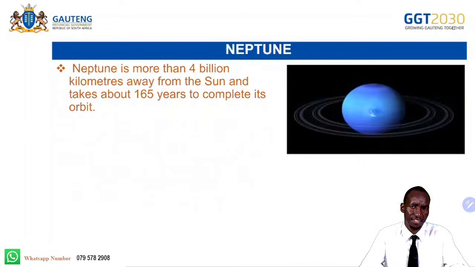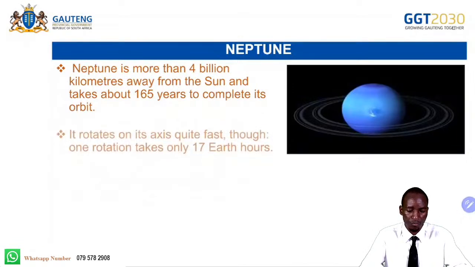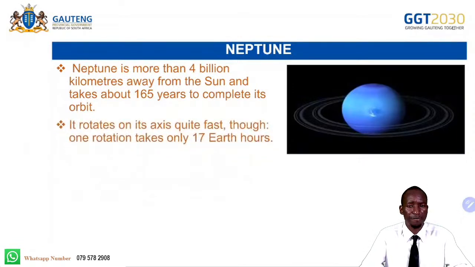Hence the distance between the Sun and Neptune is so big. That's why Neptune is situated furthest away from the Sun compared to other planets. It rotates on its axis quite fast, taking only 17 Earth hours. That's planet Neptune.